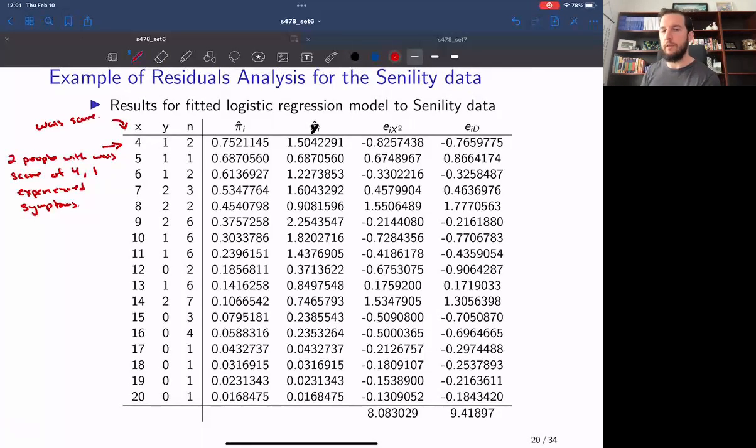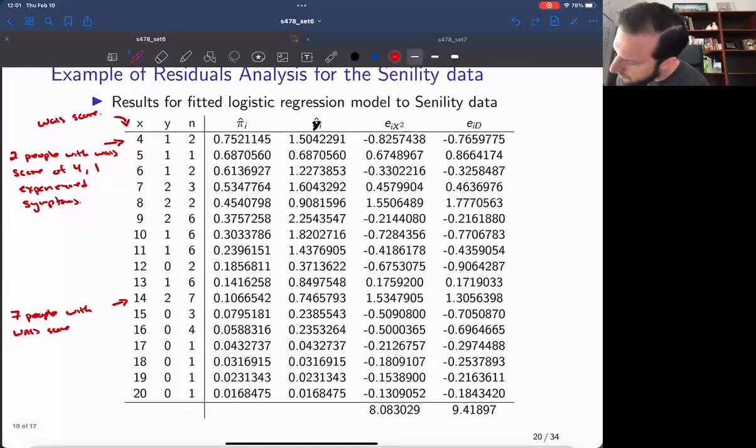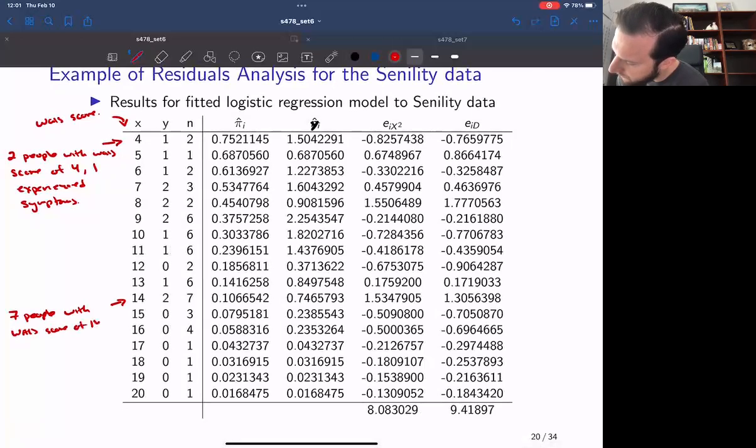So you can see, for example, that at 14, there were 7 people. I'll just write it down. So there were 7 people with WAIS score of 14 and 2 experienced symptoms.